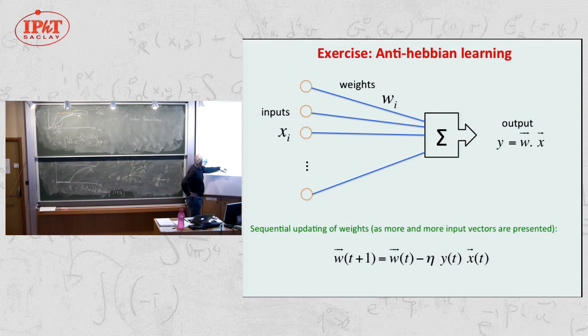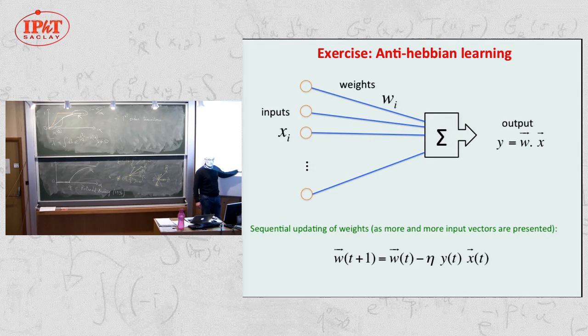The learning rule is how you update the weight vector from time t to time t plus 1. That was given by w_{t+1} equal to w_t plus the product of the output times the input. And there was some normalization. Remember that? And we showed that the weight vector converges towards the top component if you iterate this dynamics for a long time and you present more and more inputs.